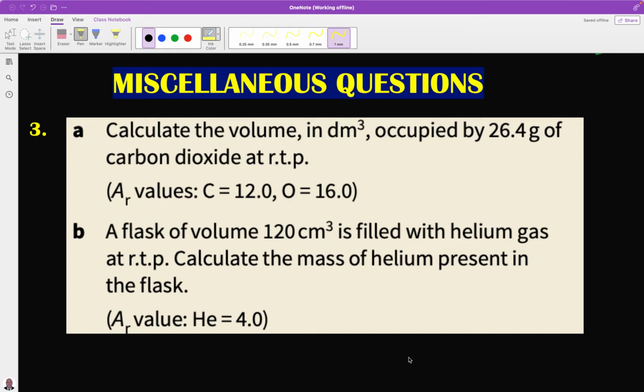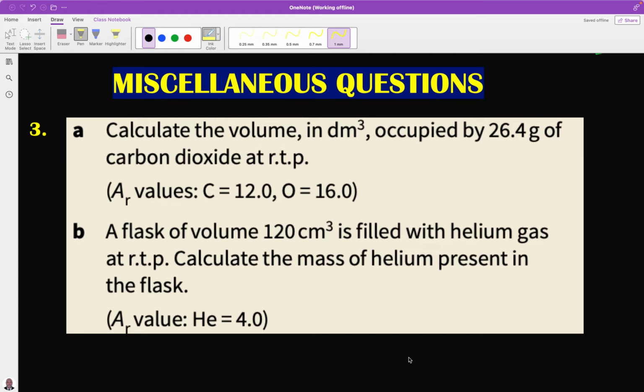Calculate the volume in dm cube occupied by 26.4 grams of carbon dioxide at room temperature and pressure. The AR, that's the relative atomic mass value for carbon is 12, and for oxygen is 16.